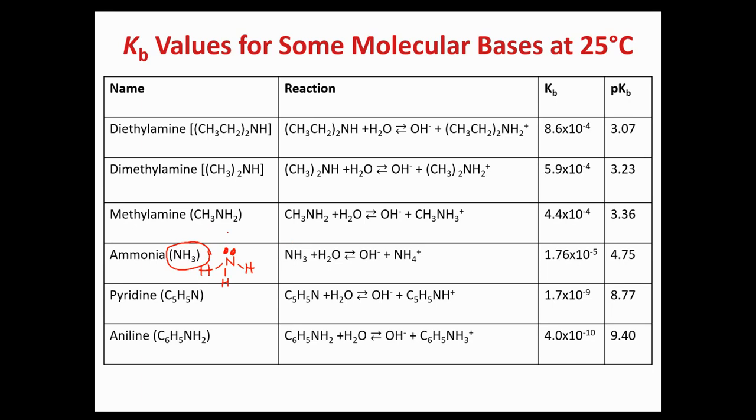We can substitute out one of these H's for a CH3 group. This would still have the lone pair on there. Anytime nitrogen has 3 bonds, it has a formal charge of 0. Here, we've substituted out 2 of the H's for CH3.